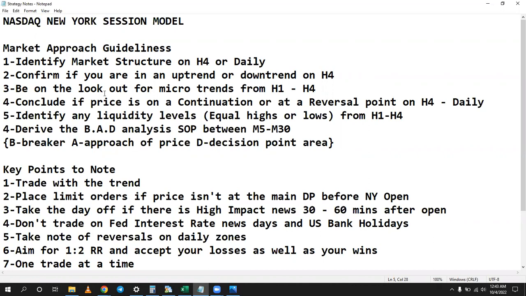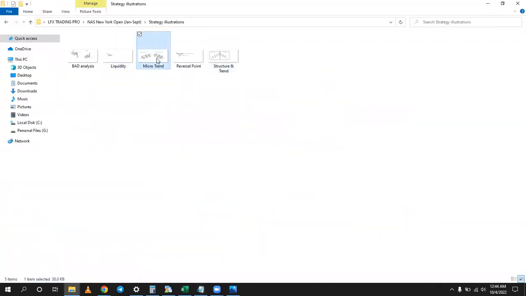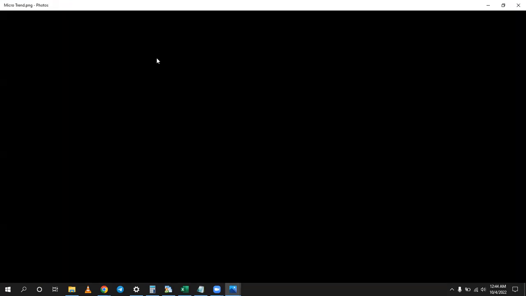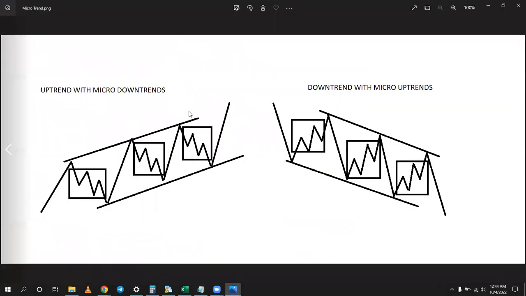Point number three, be on the lookout for micro trends. A micro trend is a trend within a main trend. Let me just show you this illustration here. Here we have an uptrend, and this uptrend has a micro downtrend. These squares here contain micro downtrends.